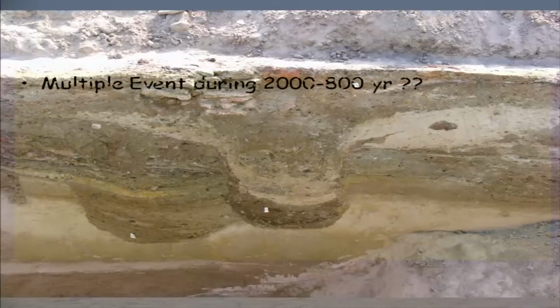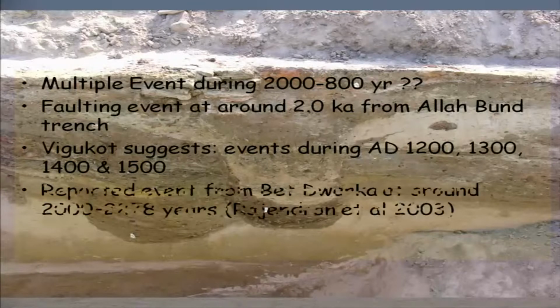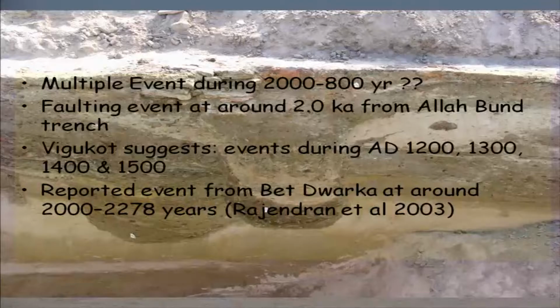Our interpretation is that multiple events occurred around 2800 years before present. There was an earthquake 2000 years back, and the site suggests multiple events during 1200, 1300, 1400 and 1500 years. Events have also been reported from Bet Dwarka around 2000 years back.